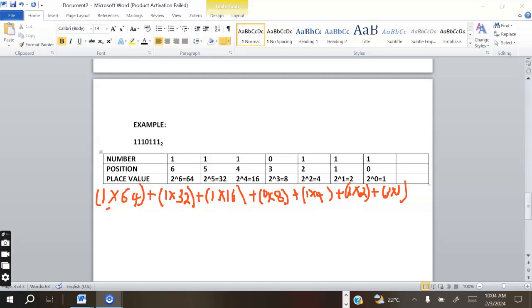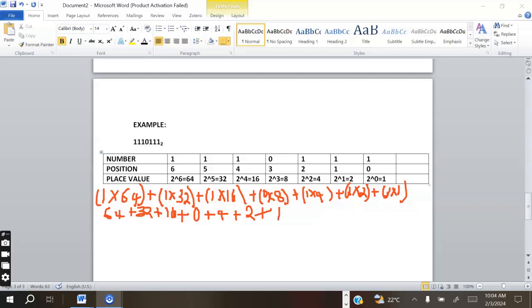Okay, so this is 64 plus 32 plus 16 plus 0 plus 4 plus 2, then plus 1.